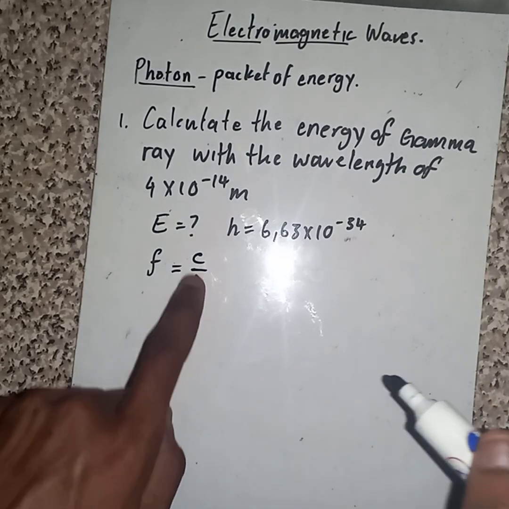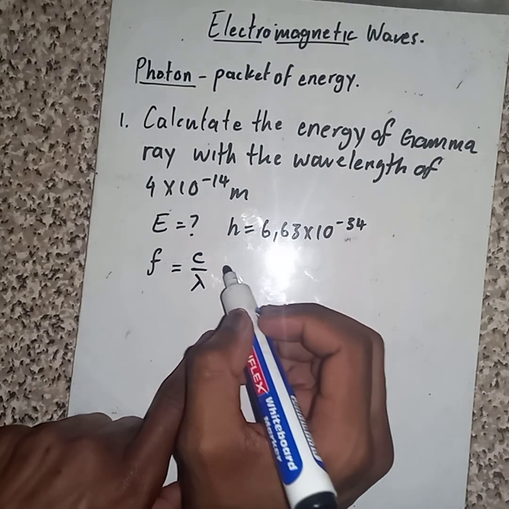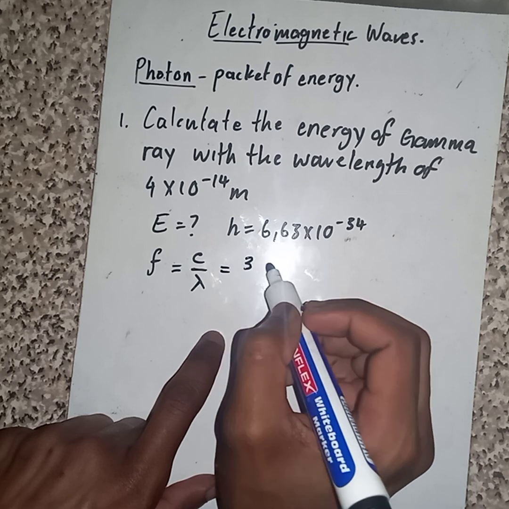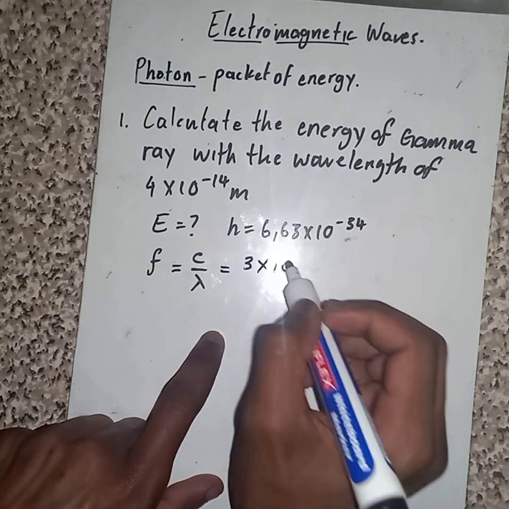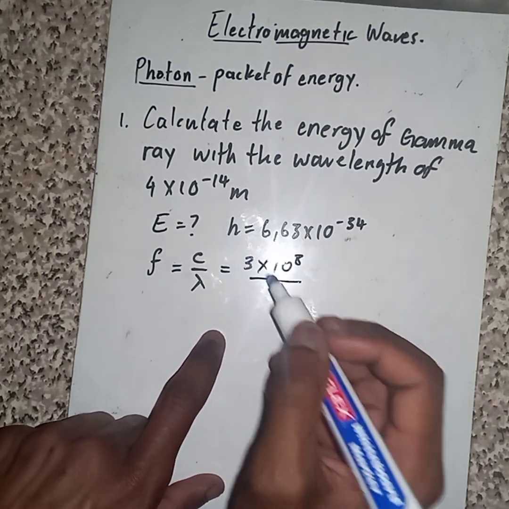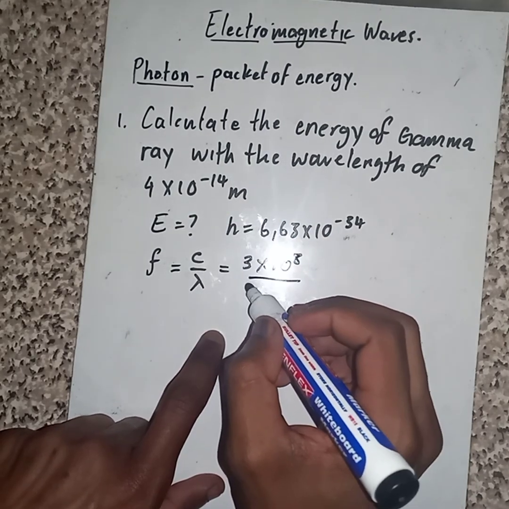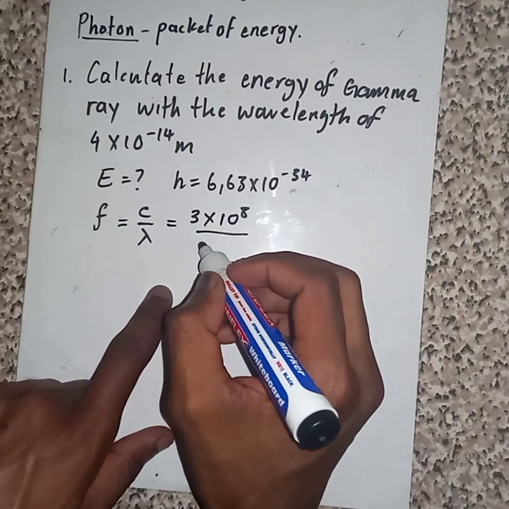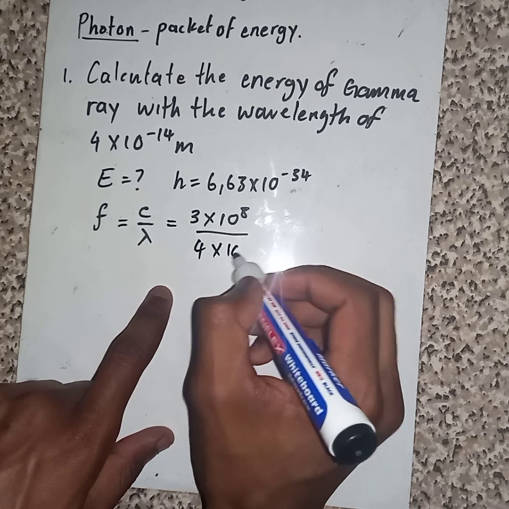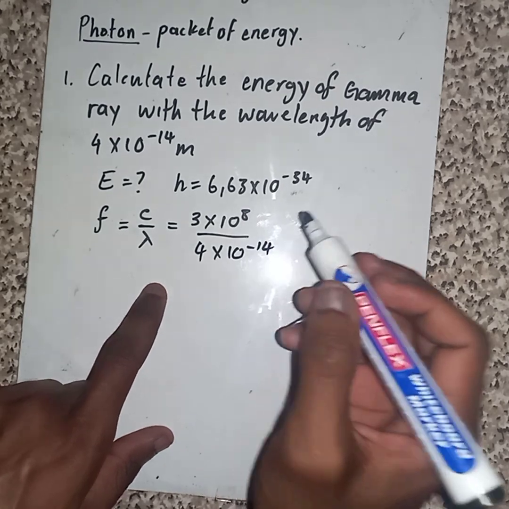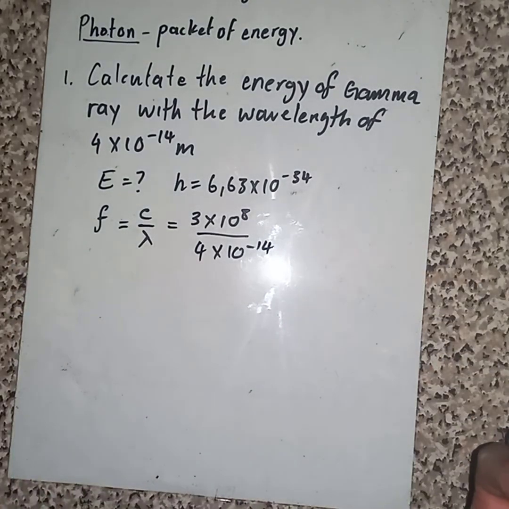Do we have the speed of light? Yes, it's always 3 times 10 to the power 8, divided by the wavelength they gave us already, which is 4 times 10 to the power minus 14. Then we almost have everything.